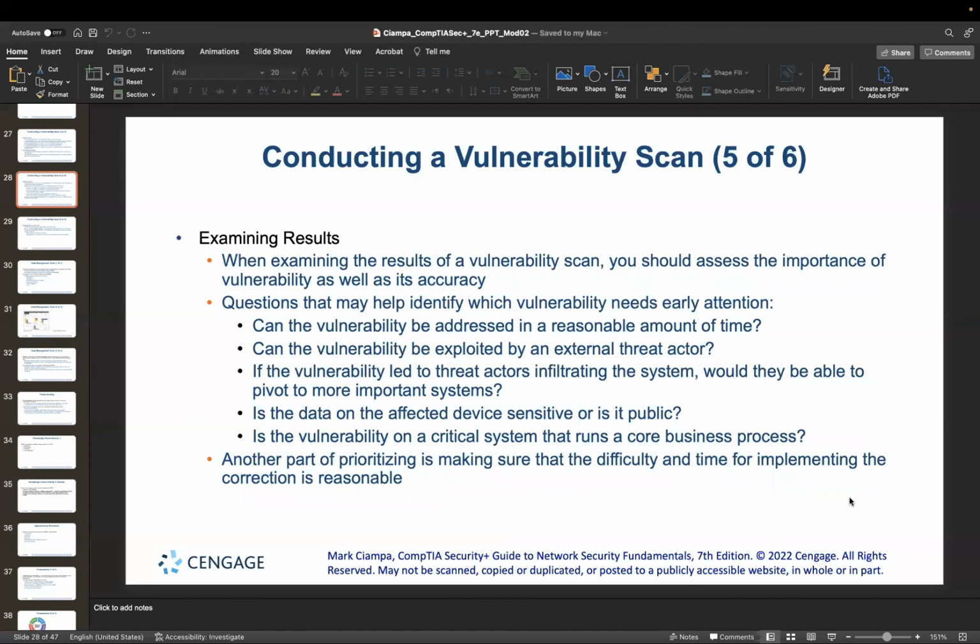So finally, we come to examining the results. When we see the results, we can see the importance because we compare them with the databases out there, like the MITRE vulnerability database, like all the CVEs, and we can figure out the severity of this vulnerability. So you have to do a risk assessment right there. You can see a set of questions on the slide.